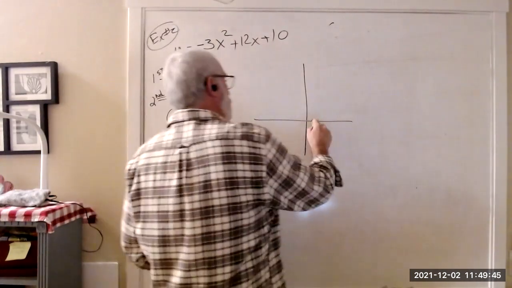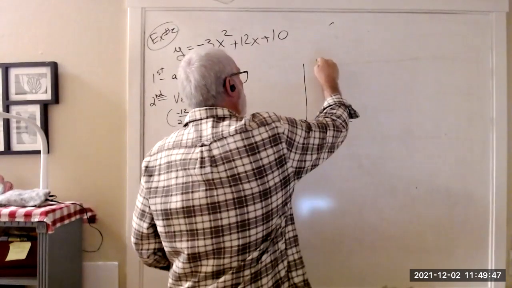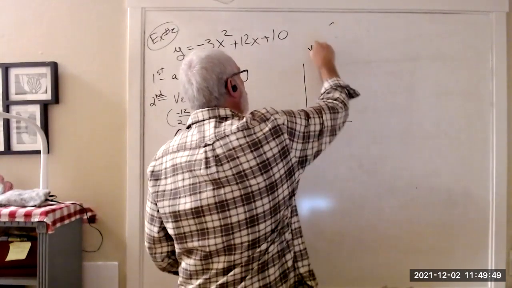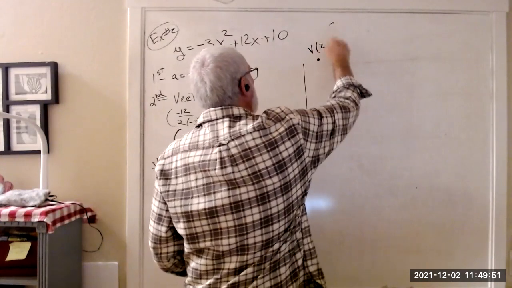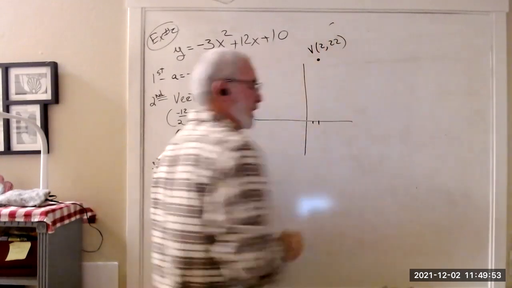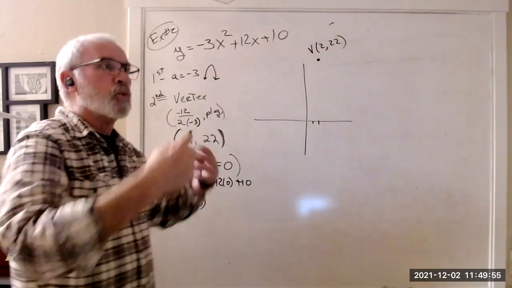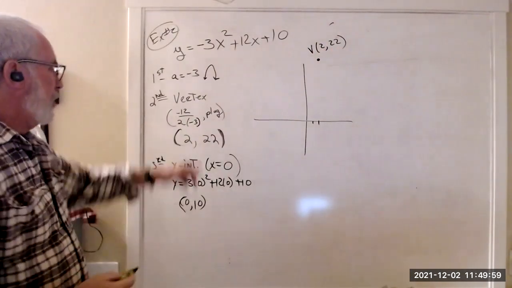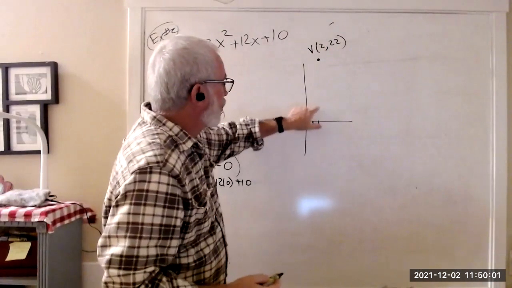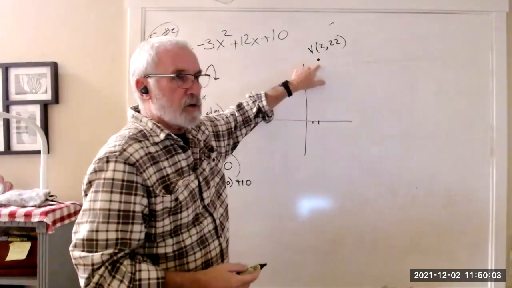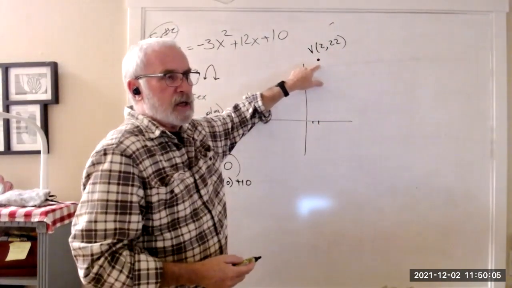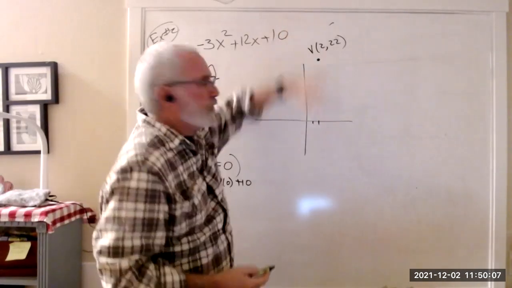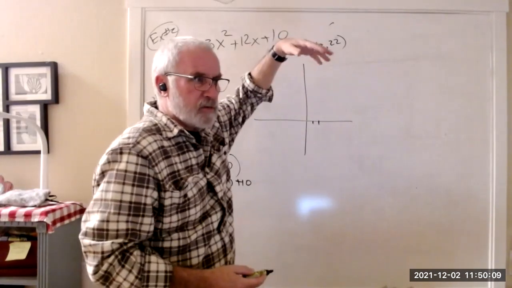2, 22. Okay. Remember, I don't care about perfect accuracy. Make it reasonable, make it representative. But I don't want you to count up here 22 little squares. That's silly. It's way high up there, so just make it look way high up there.